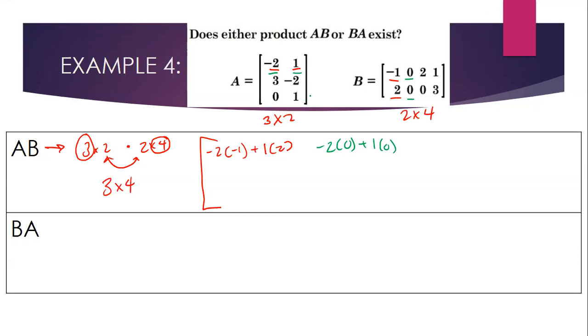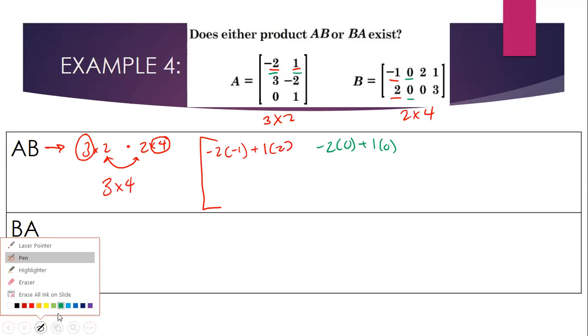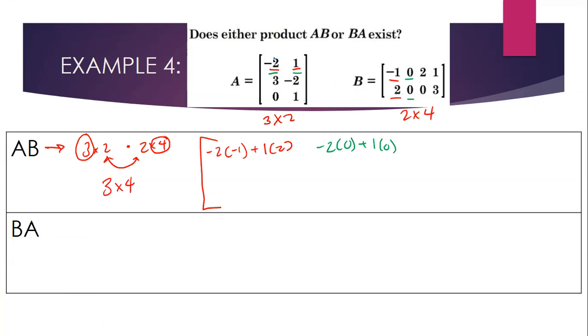You just go down the column. Row, column, row, column, row, column. And we're just going to keep going. So I have negative 2 times 2 plus 1 times 0. I completed that column.